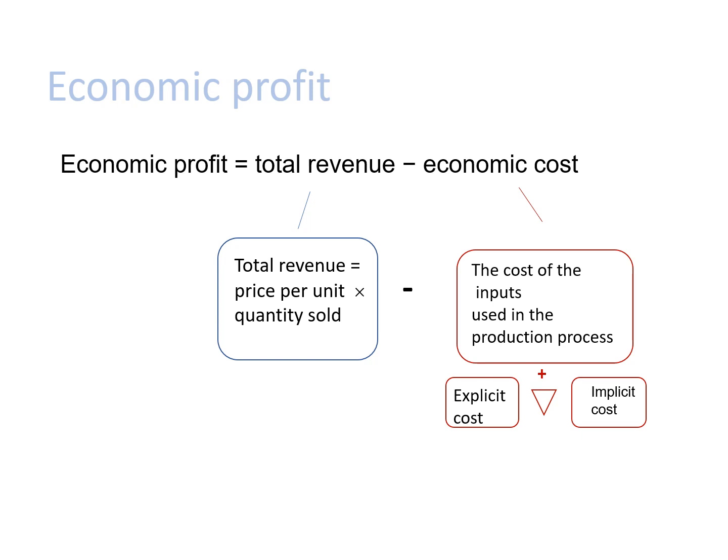We can calculate the economic cost by considering both explicit costs and implicit costs. So the costs of the inputs used in the production process, which are both explicit, meaning costing money, and implicit, meaning opportunity costs, costs for other uses.